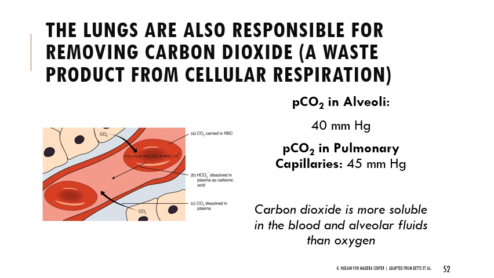In the pulmonary capillaries, it's 45. So again, it's going from an area of high to low, from the capillaries to the alveoli. Even though there's not a really strong concentration gradient here, carbon dioxide tends to be much more soluble in fluid, in both the blood and the alveolar fluids. So it's still able to effectively move at a rate that is helpful to us.